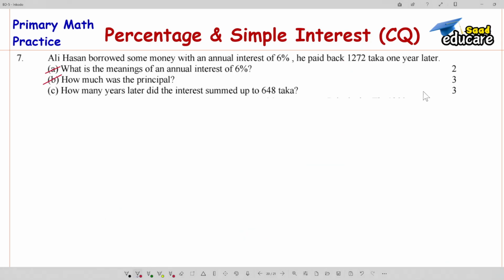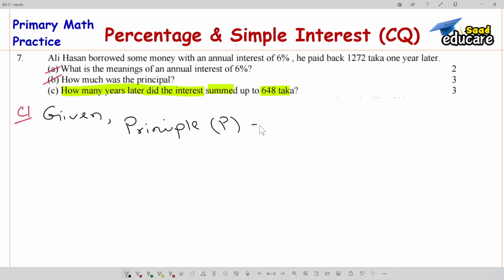Number C: mention how many years later the interest sums up to 648. So again we can write the given: principal P equals, we already found from number B, 1200 taka.